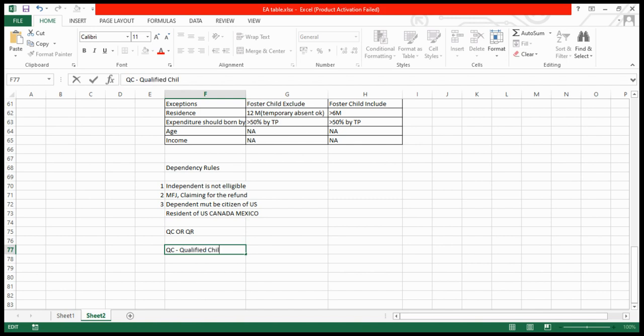Qualified child: you don't go with the name, it represents only a child, but here it includes children as well as relatives. So the first category is close relatives, who can be part of a qualified child.